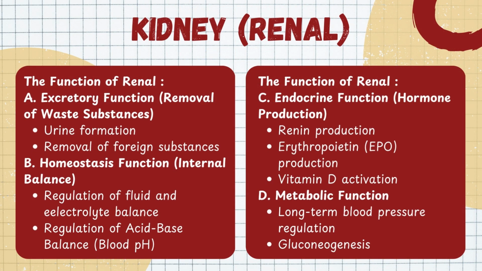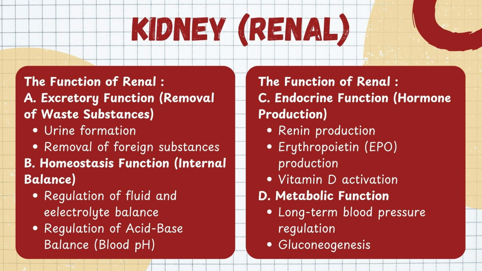And the functions of the renal are: A, excretory function or removal of waste substances, for urine formation, and for removal of foreign substances. B, homeostasis function or internal balance, for regulation of fluid and electrolyte balance, and for regulation of acid-base balance or blood pH.